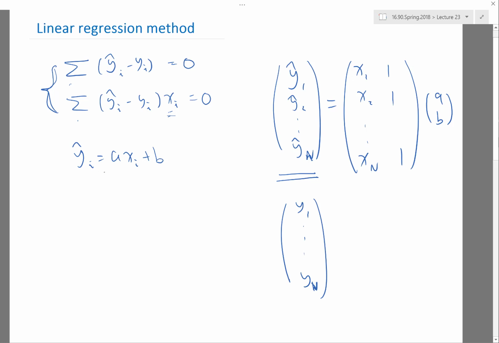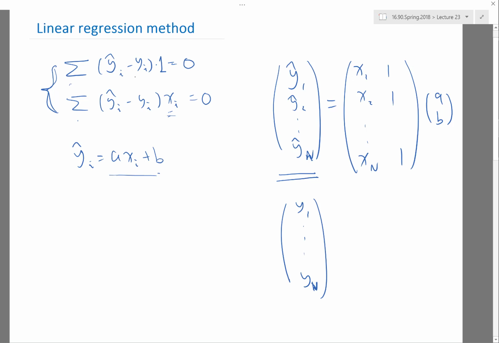Right. If you substitute this in, I'm going to have a long formula. But let me give you a hint. This one is actually equal to y hat of i minus y_i times 1.